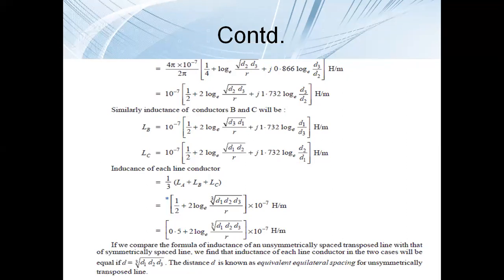Sir, the inductance of conductor B, minus j 1.732 log of D3 by D1, right, sir? No, it will be D1 by D3. It will be D1 by D3. This is the sequence.